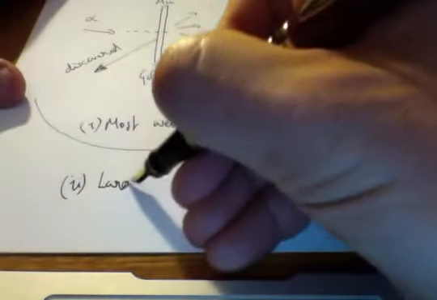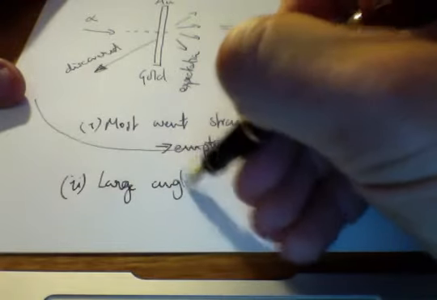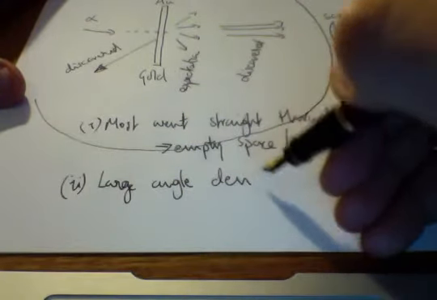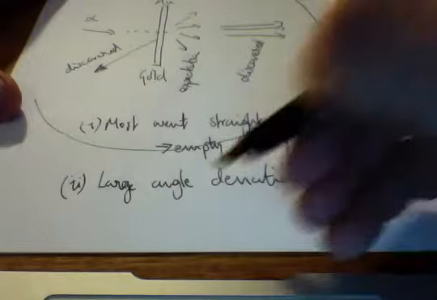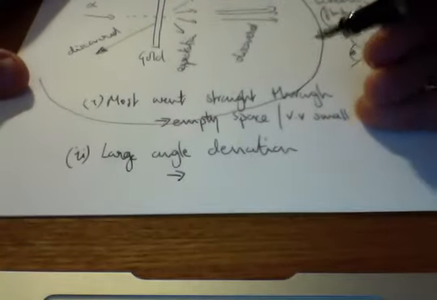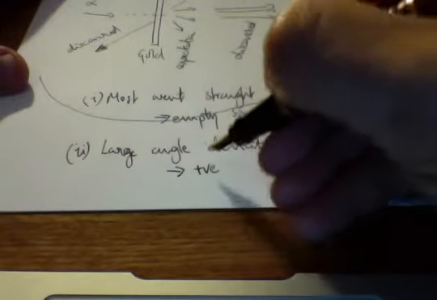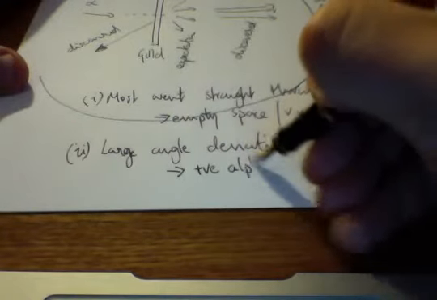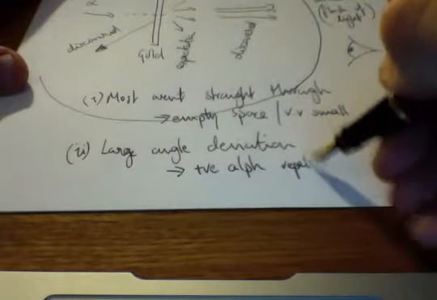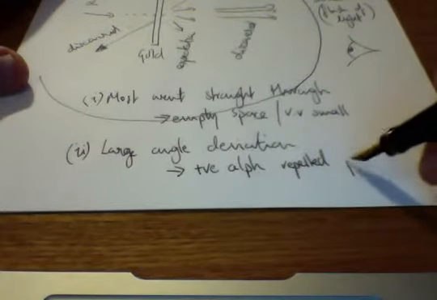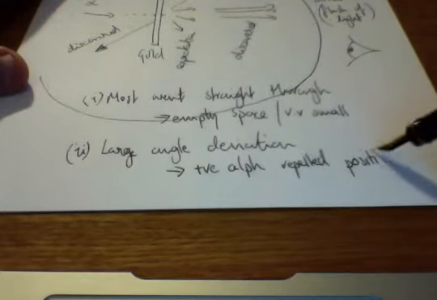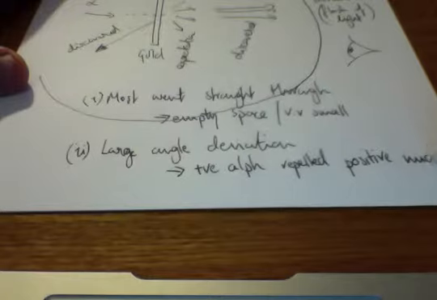The second point was that some deflected through huge angles, so you had large angle deviation. And that implied two things. One, this deviation was caused by the positive alpha particle repelling something positive in the nucleus.